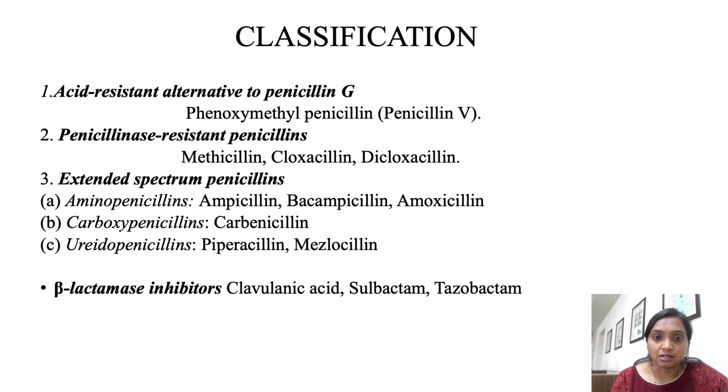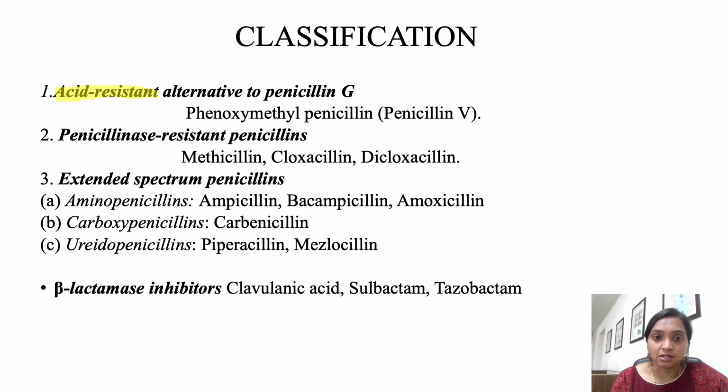These are the important side effects of penicillin. So moving on to the classification, we saw penicillin G, which is the prototype drug, and it is naturally obtained. Alternatively, we have acid resistant. In penicillin G, we saw it was acid labile, right?